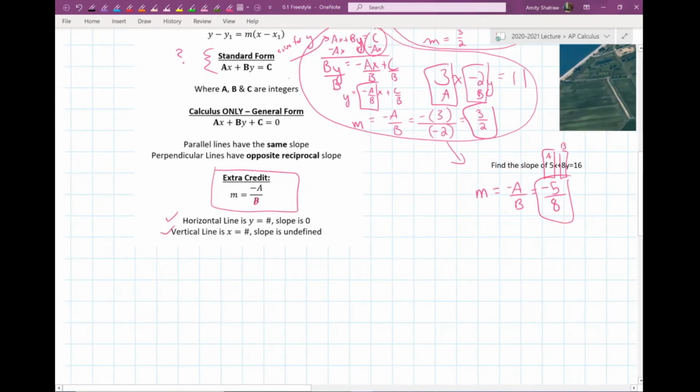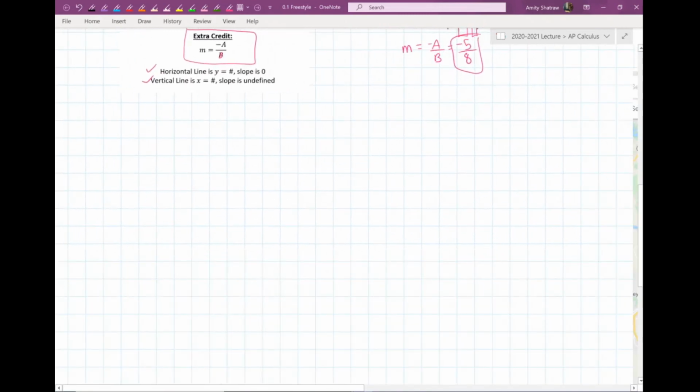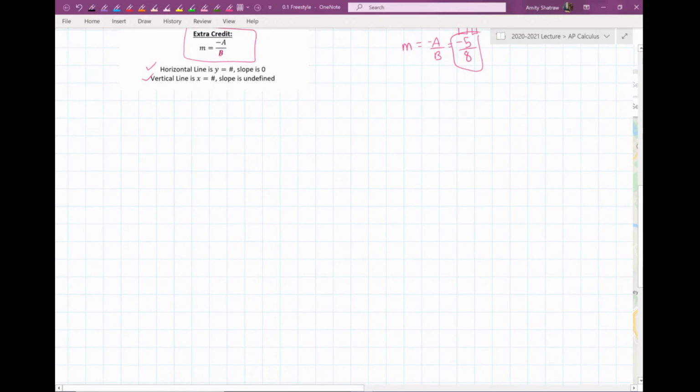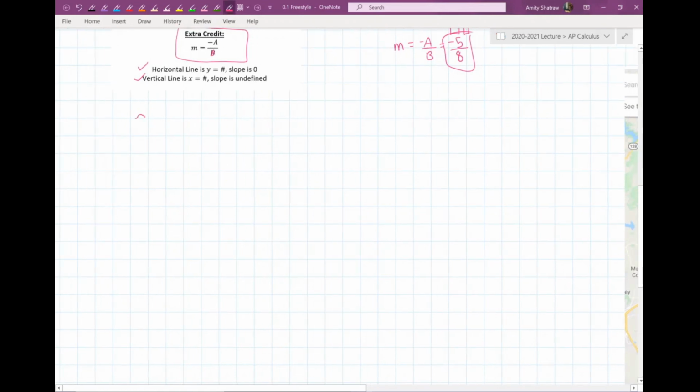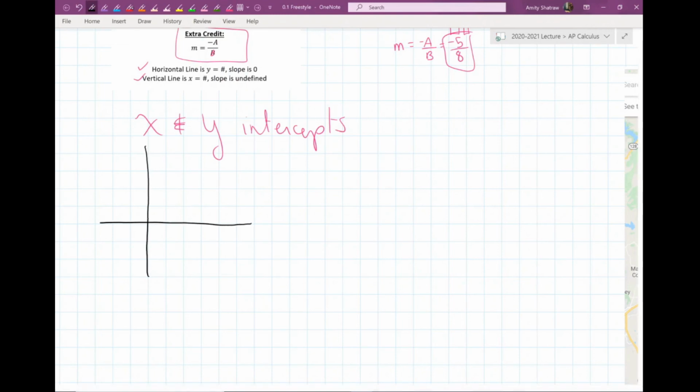Now, let me go over one last thing, and that's about intercepts. X and Y intercepts. If I want to look at the intercepts of a line, remember that visually you should be able to identify them.